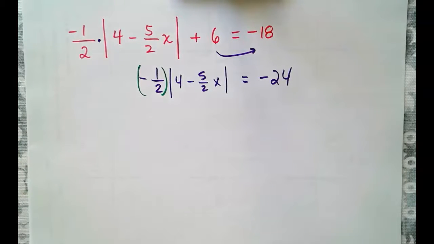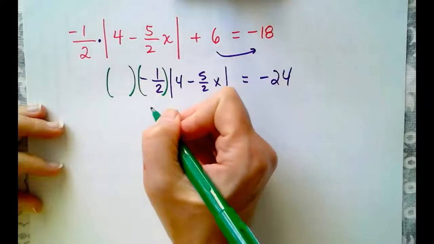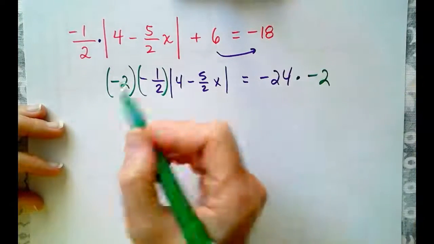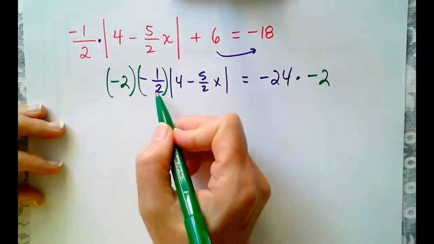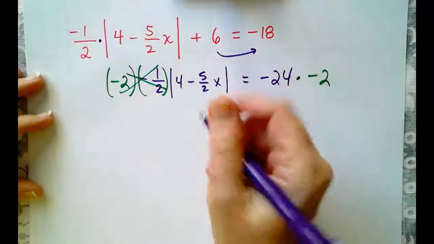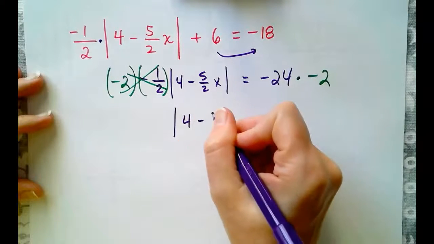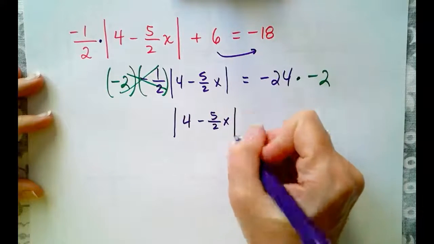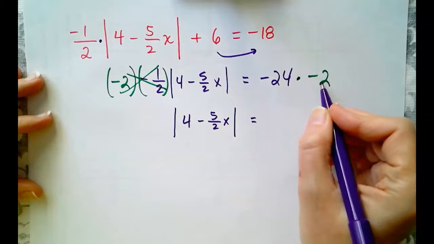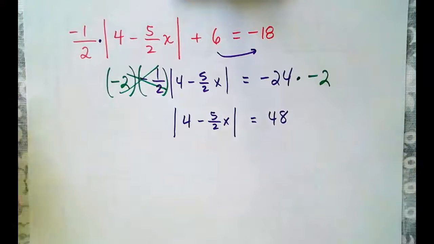So the inverse operation of multiplication by negative 1/2 will be multiplication by its reciprocal, which is a negative 2. So negative 2 times negative 1/2, they cancel, and we end up with the absolute value of 4 minus 5 over 2 x equals negative 24 times negative 2, which is 48.